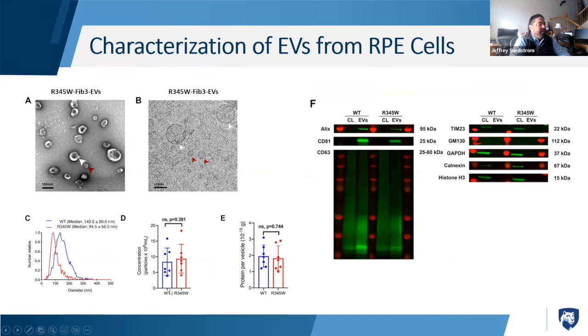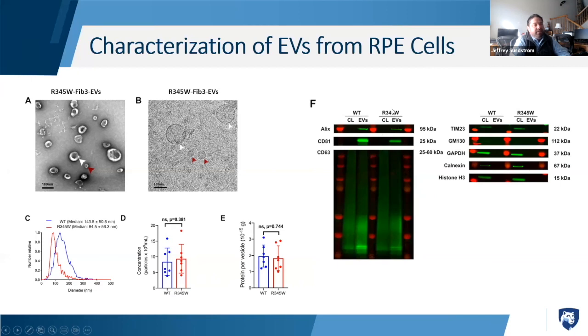The number of particles secreted, or the rate of secretion, is no different between wild type and mutant. And the protein per vesicle is also no different in EVs secreted from cells expressing wild type or mutant fibulin 3. On the right, you can see a Western blot for ALIX, CD81, and CD63.